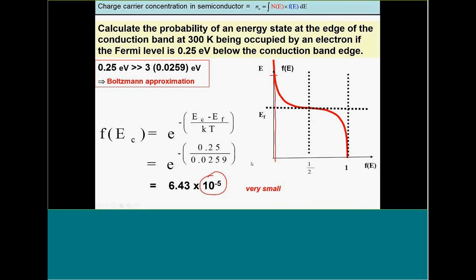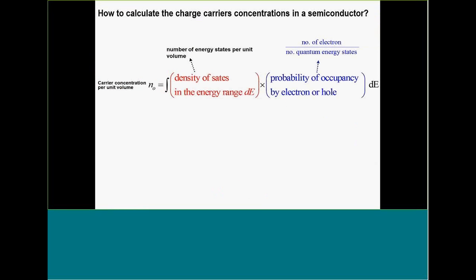Just now it was 10 to the power of 19 in magnitude, but now it's 10 to the power of 5. And if you can recall, the concentration of charge is the product of those two expressions. So the density of states and the probability, it's a product of these two functions.